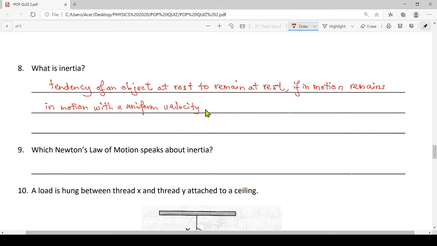And some of you left out this one: unless acted upon by an external force.